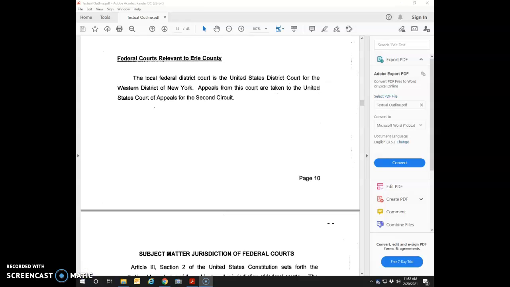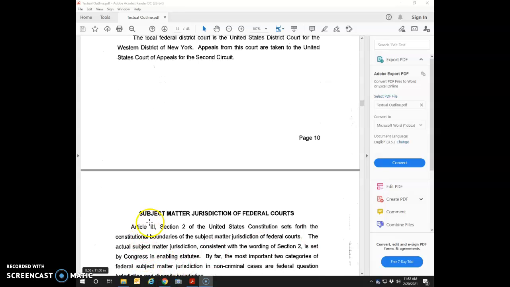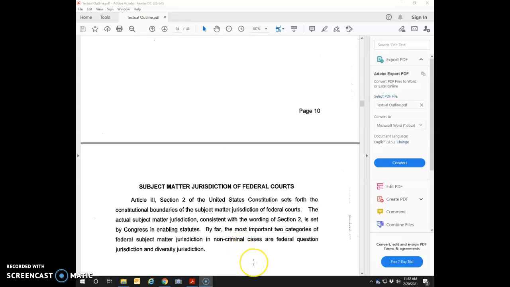Next, we ask ourselves, what types of civil cases are handled by the federal courts? As I said, we can call that the subject matter jurisdiction of federal courts.